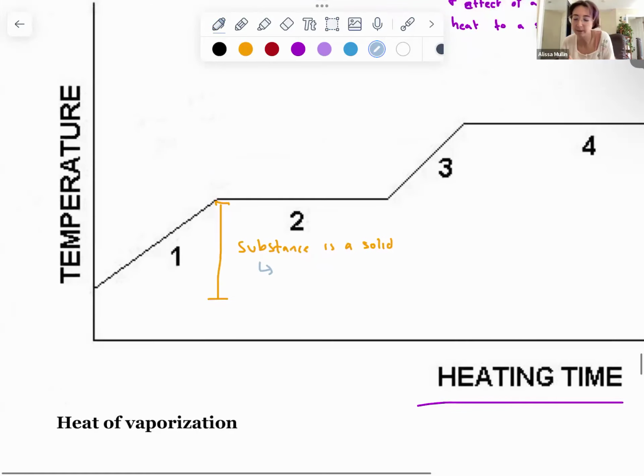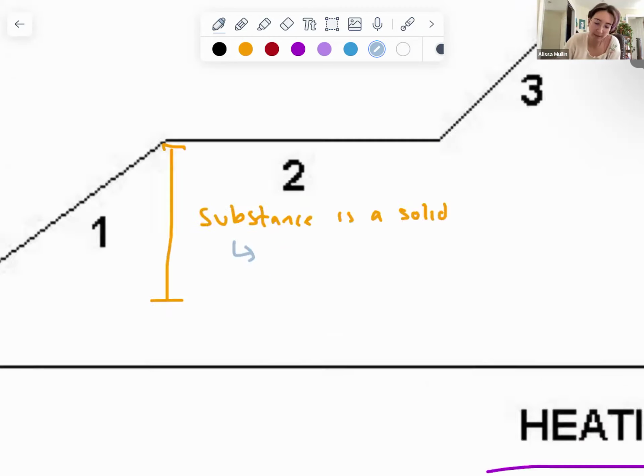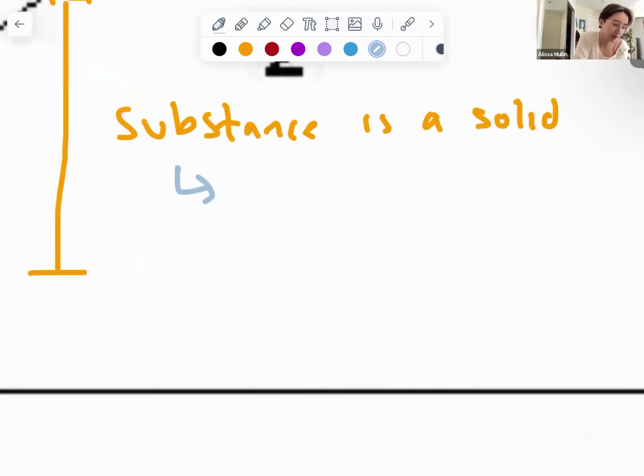So let's observe what's happening. As you add heat to the solid, you can see the temperature of the substance increases in that range. That's because when it's just a solid, all of that gained heat goes into creating more kinetic energy. The particles are moving around.